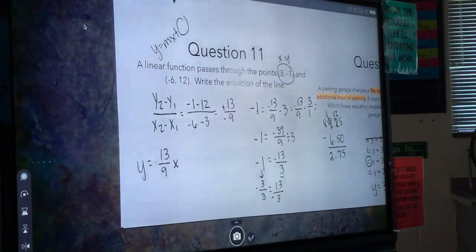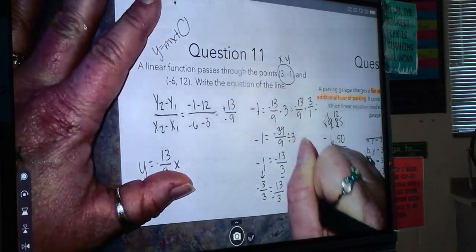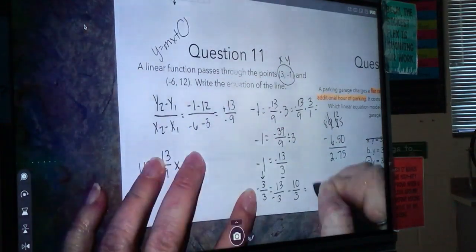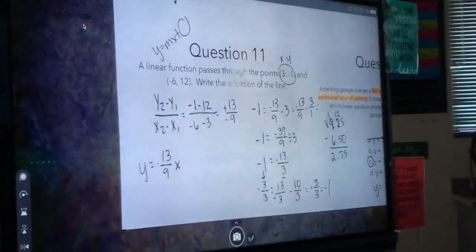If I subtract 10 thirds, what do I end up with? Negative 3 over 3, which equals negative 1. It's not confusing. It's not hard. What makes it hard is because you're like, brain off, this is too hard because there's a fraction.